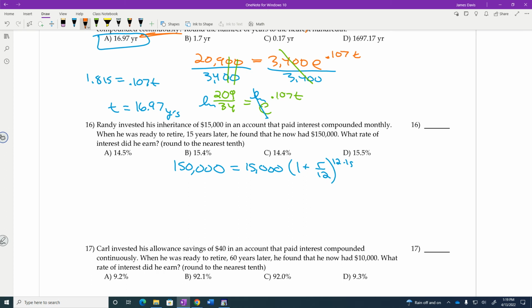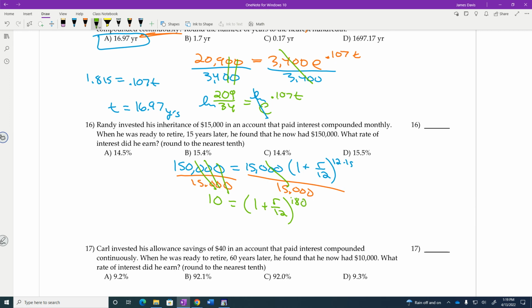So we'll divide both sides first, dividing by 15,000. And 150 divided by 15 is actually just 10. So 10 equals 1 plus r over 12, to the 12 times 15, 180.